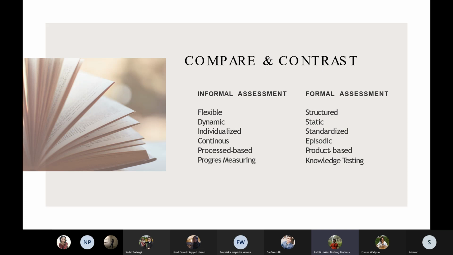Next is compare and contrast between the informal assessment and the formal assessment. If we compare and contrast, informal assessment is more flexible, dynamic, individualized, continuous, process-based, and progress measuring. And the formal assessment is more structured, static, standardized, episodic, and product-based knowledge testing.